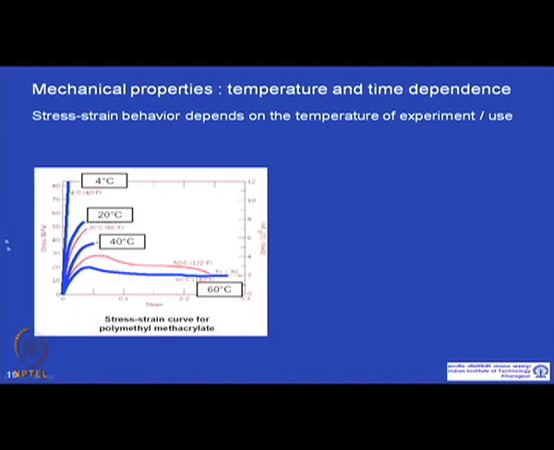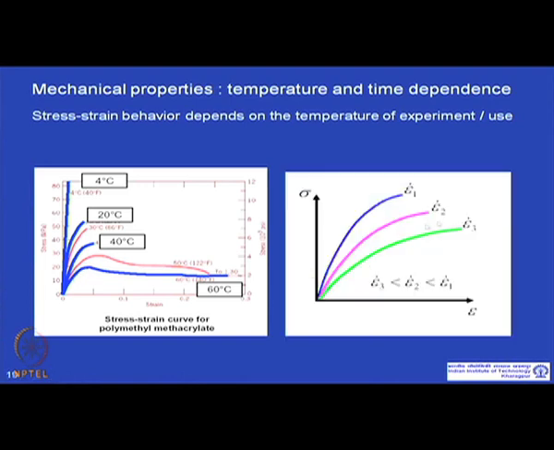For example, this is a stress strain curve for polymethyl methacrylate, and as you can see the stress strain behavior changes. At a lower temperature it becomes hard and brittle, whereas at a higher temperature it becomes soft and ductile, which means the sample can be elongated, it is more tough in that sense.